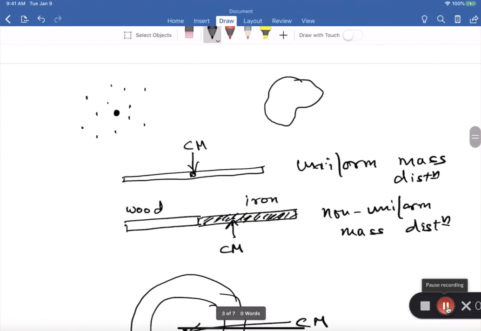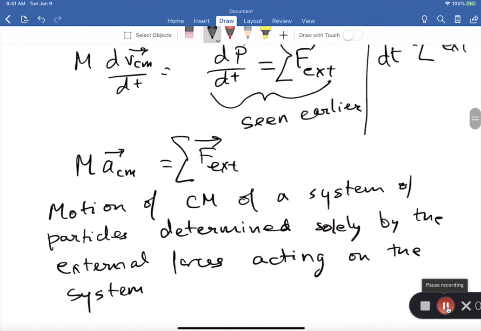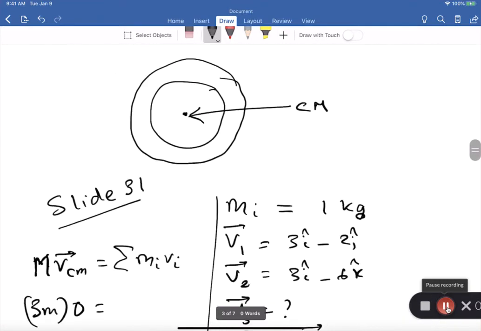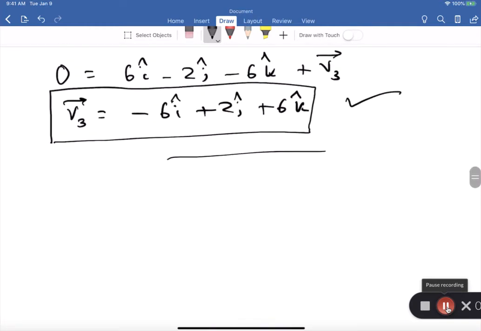The sum of all the external forces is equal to the total mass of the system multiplied by the acceleration of the center of mass. So this equation is really telling us that the motion of the center of mass is only affected by the external forces acting on the system. It is not affected by any internal force.